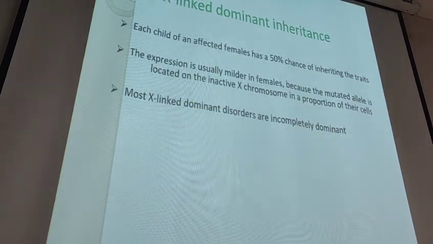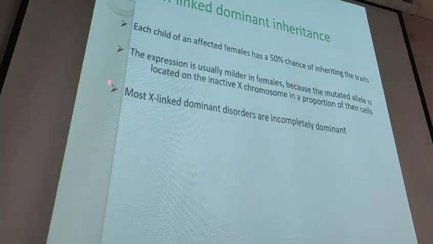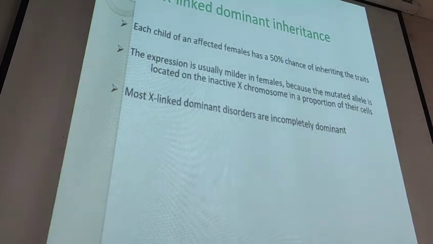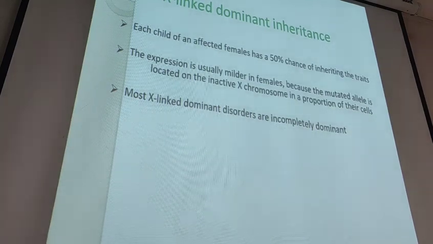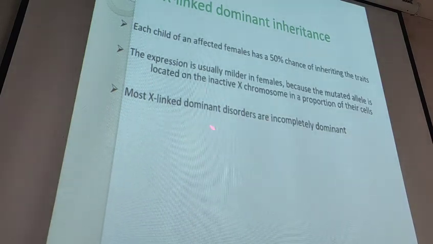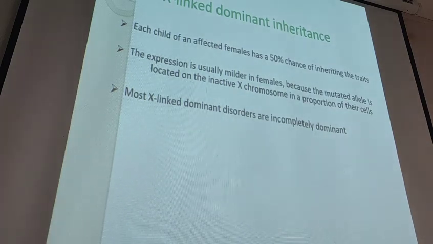Each child of an affected female has a 50% chance of being affected, and the expression in females is milder because of the X inactivation. Maybe in some part of the tissues, mutated allele is inactivated. Most X-linked dominant disorders are incomplete dominance.